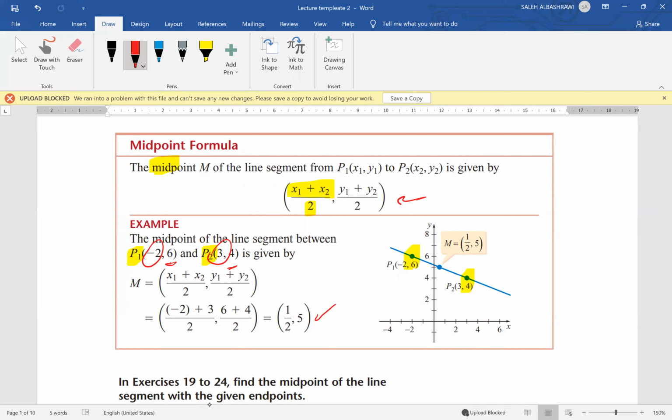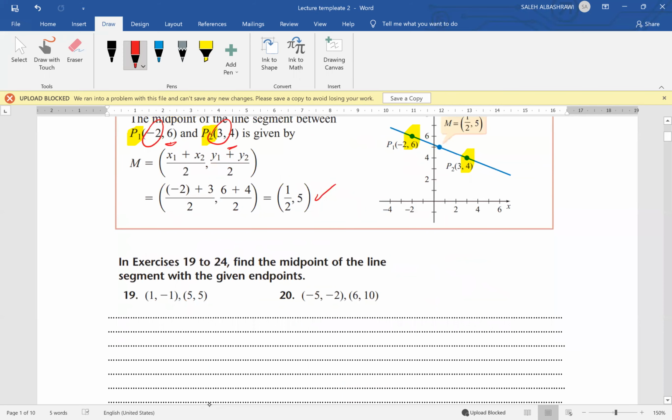For example, if I want to find the midpoint of the line segment with endpoints B1, 1, -1, and B2, 5, 5, we need to find the midpoint by x1 plus x2 divided by 2, y1 plus y2 divided by 2. Now this is x1, y1, and x2, y2.